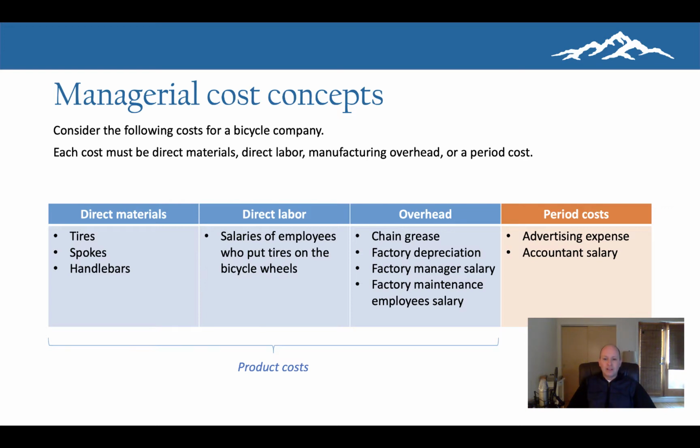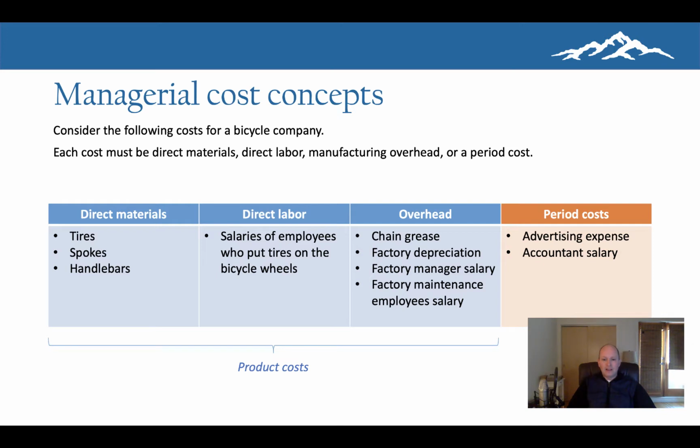Factory depreciation is another thing. Office building depreciation would show up as a period cost, right? That office building doesn't directly impact the product. You need the factory to make the product, otherwise, how would you make the product? So factory depreciation isn't tied to a specific product, but you have to have it to make the product. So factory depreciation gets allocated over products.